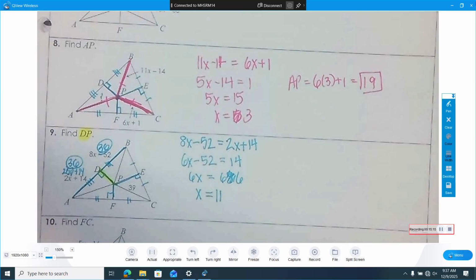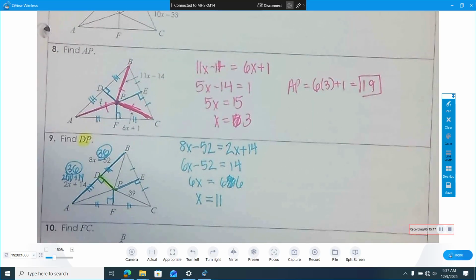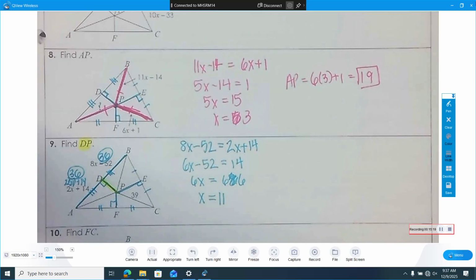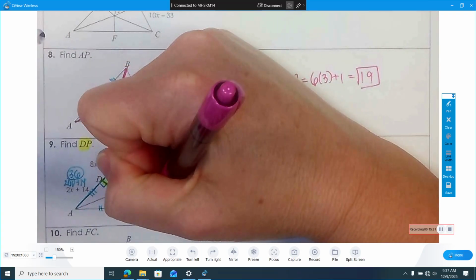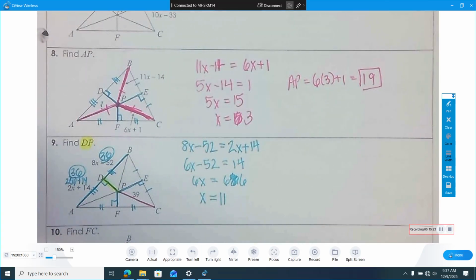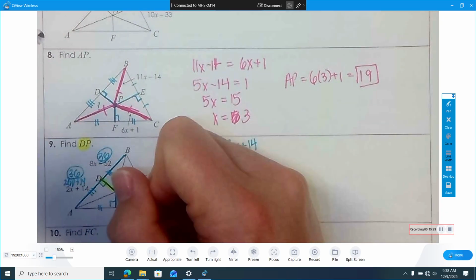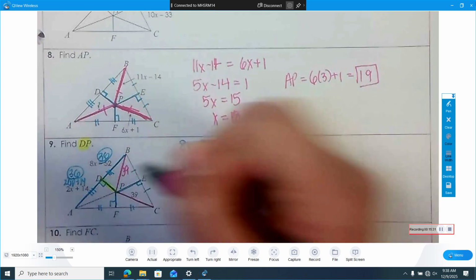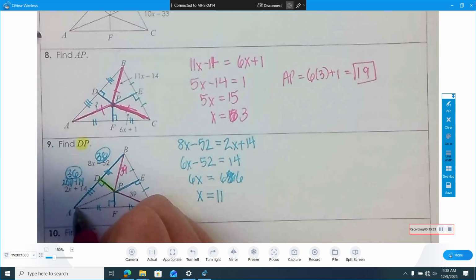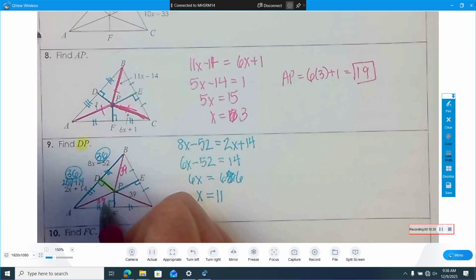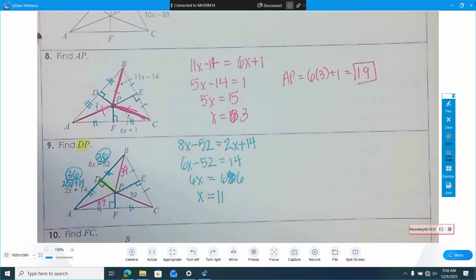All right. What else do we know in this picture? 39. PC is a spoke of our tire here. That's 39. What else is 39? PB is 39. Good. And AP is also 39. All three spokes of our wheel are 39.